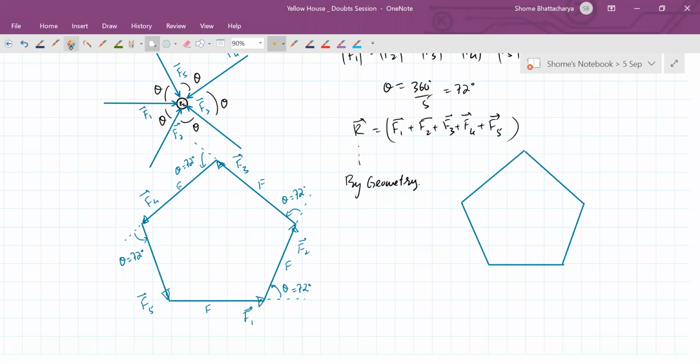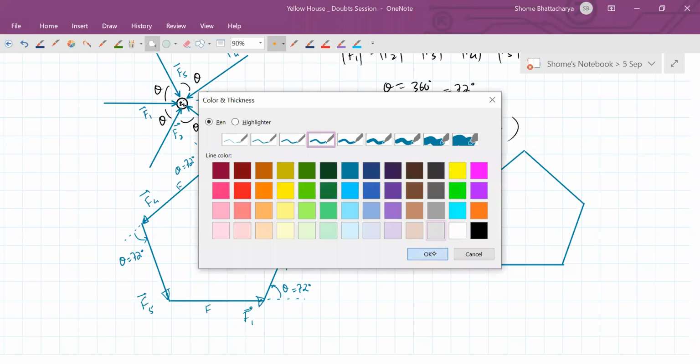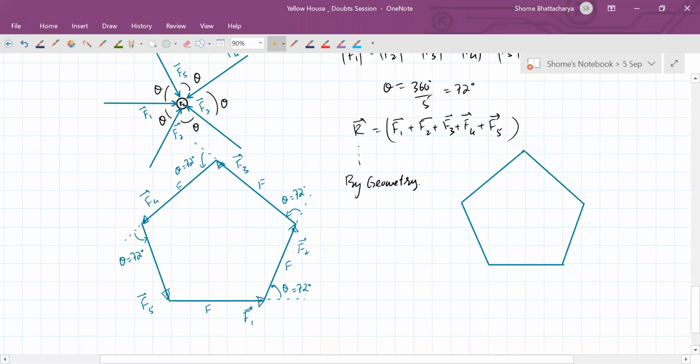Anyhow, something like this. Now, if these sides are all equal, that means that when you join all the vertices at the centroid, you will get these 5 congruent triangles.